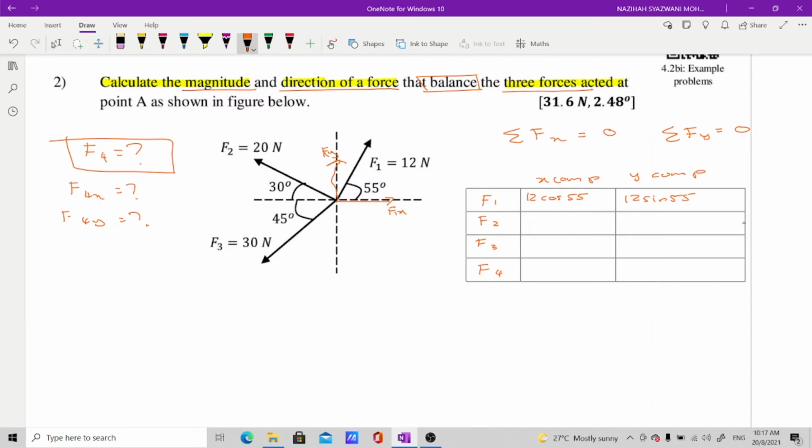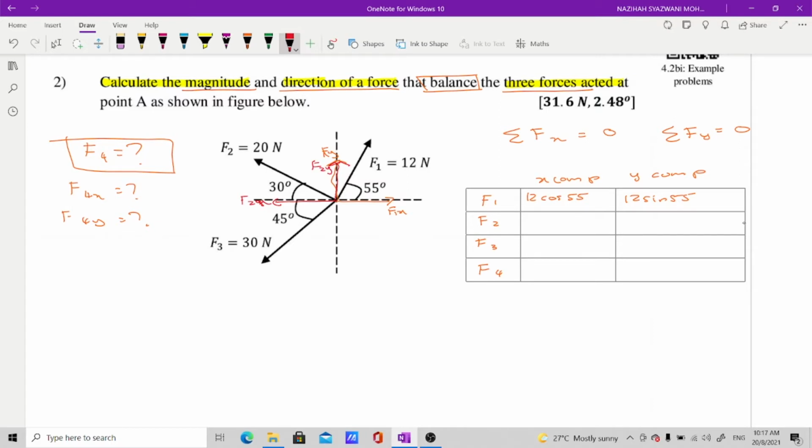So let's look at F2. F2 can be resolved into X and Y components as well. So this is F2x, and this one would be F2y.